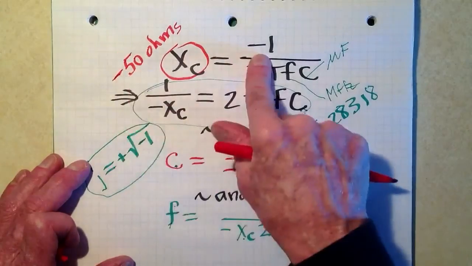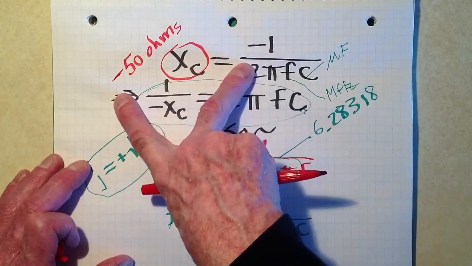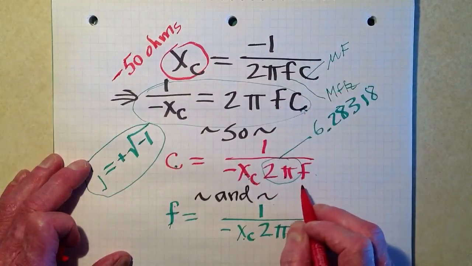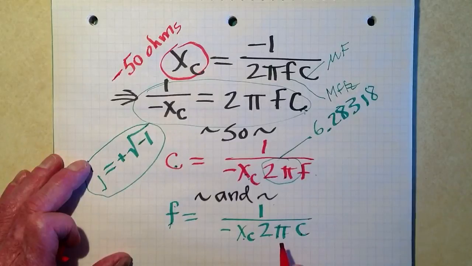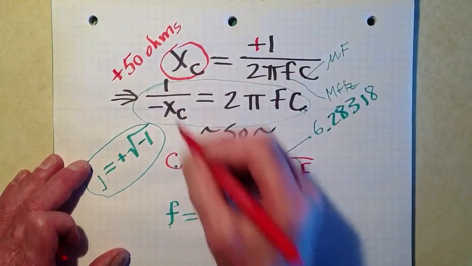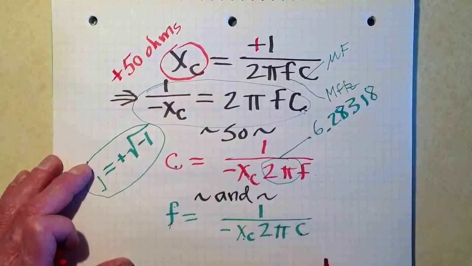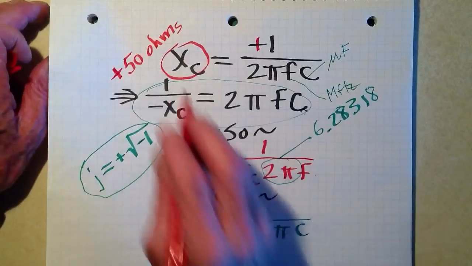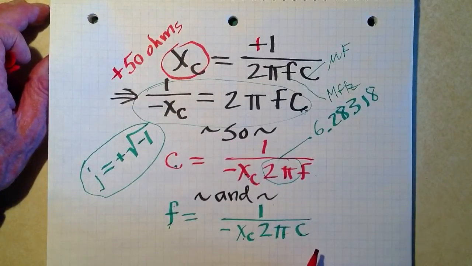And once we do that, we can just forget about the signs entirely, because we're always going to have positive frequencies and positive capacitance values. Just remember that the reactances always turn out negative.